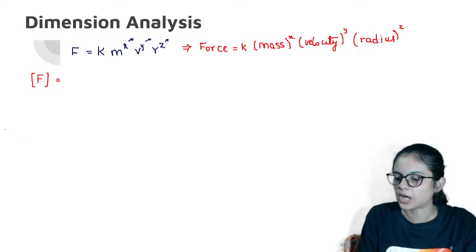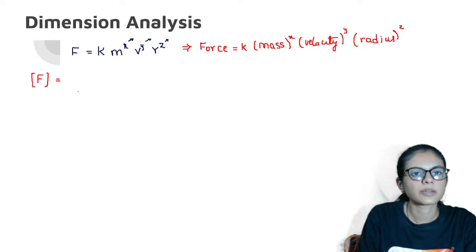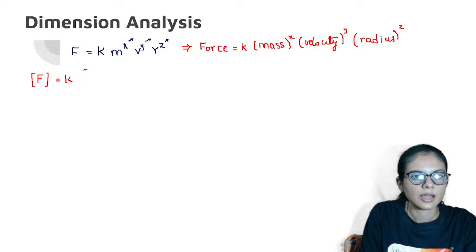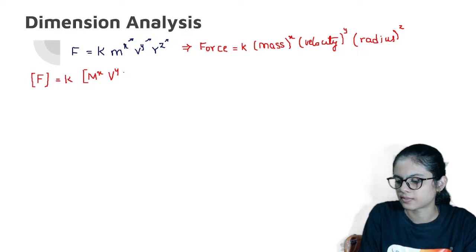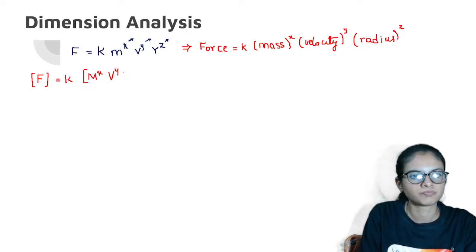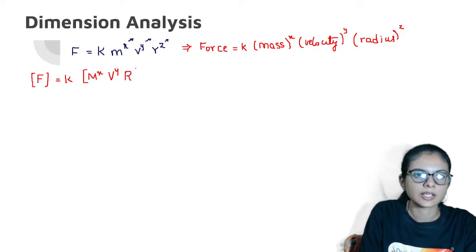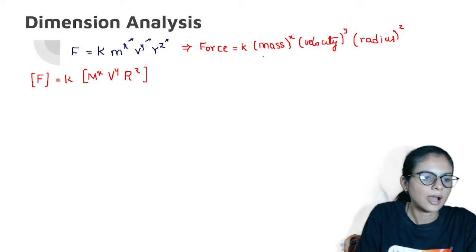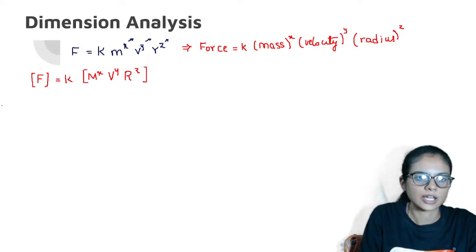So how to find it now? I know the SI unit of force, so let me consider the dimensions. I'll just keep the K as it is, and what they have given: mass power x, velocity power y, and radius power z. In the first step, I just introduce the brackets to show that I'm applying dimension analysis.